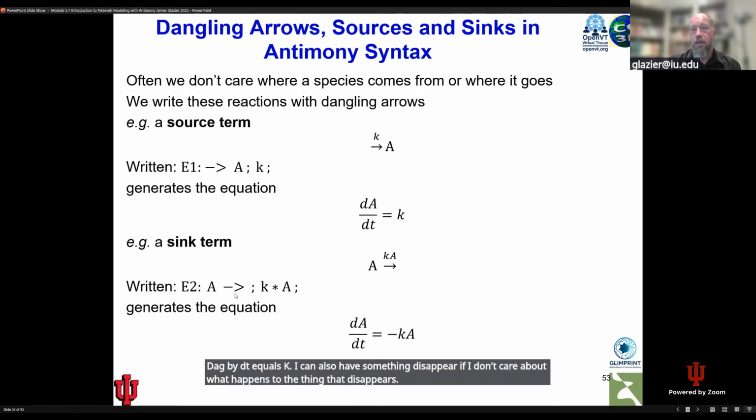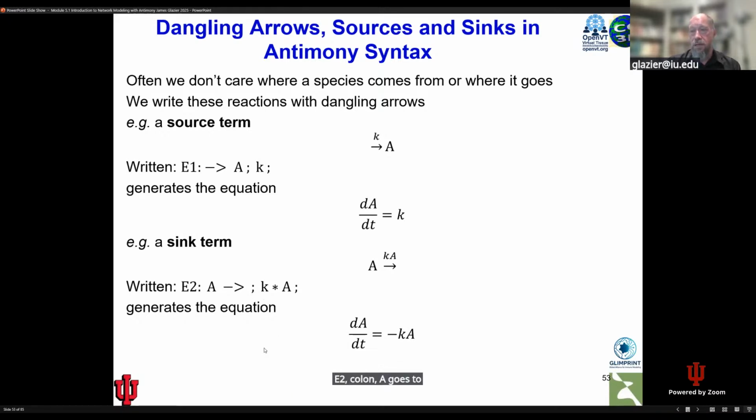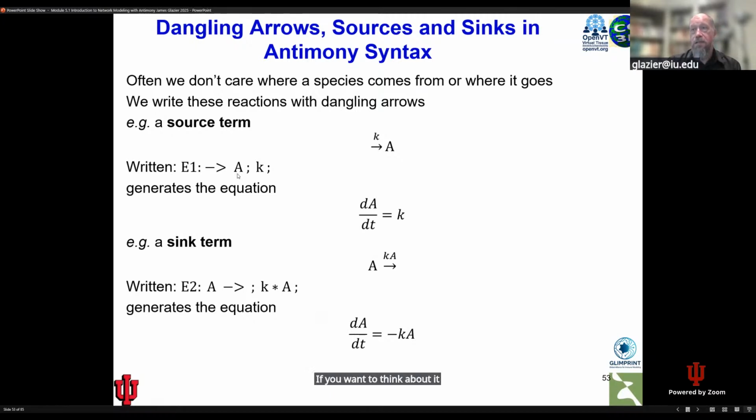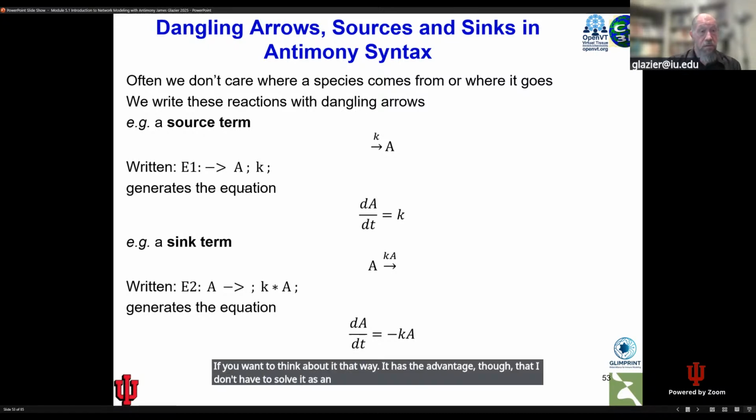E2: A goes to nothing at a rate K times A. If you like, arrow goes to A is equivalent to just writing dA by dt. It's equivalent to writing an ODE, if you want to think about it that way. It has the advantage, though, that I don't have to solve it as an ODE. I can solve it in other ways as well.